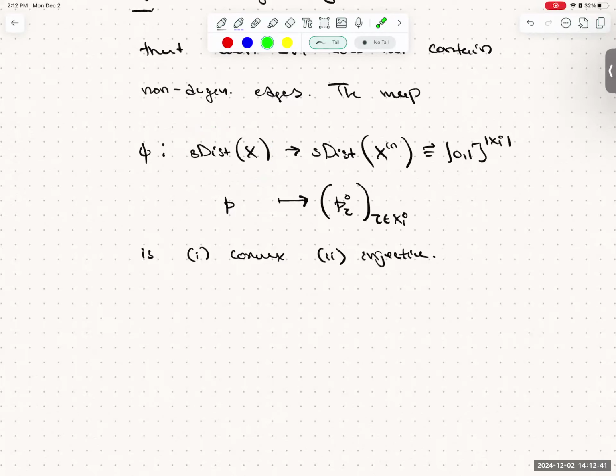And how can we think of this more precisely? The simplicial distribution can be given by p tau 0, so we're just keeping the 0 coordinate, and tau x1 0. These are the non-degenerate edges in our two-dimensional simplicial set. So that's what this means. And so we can think of this as being embedded in R to the number of non-degenerate edges.